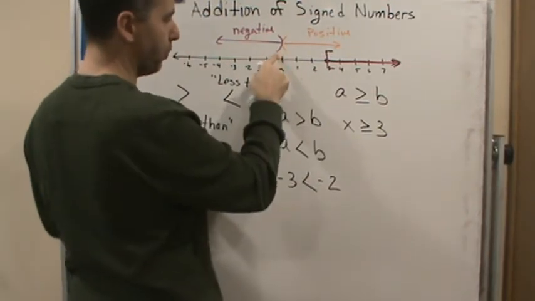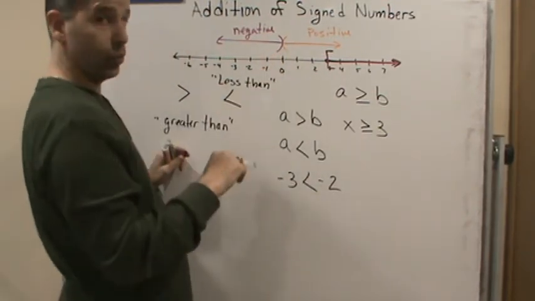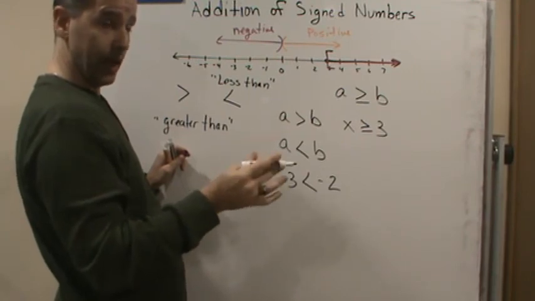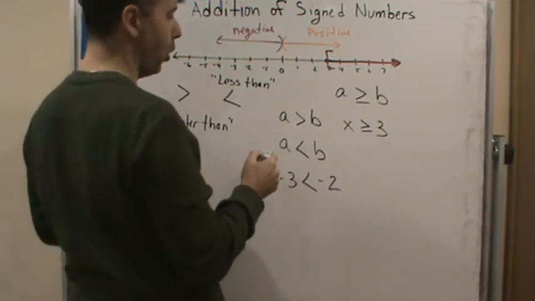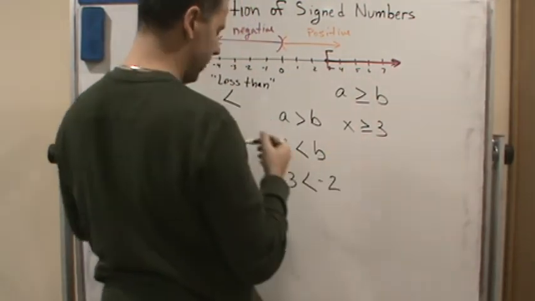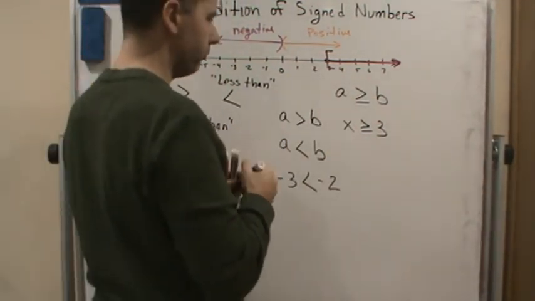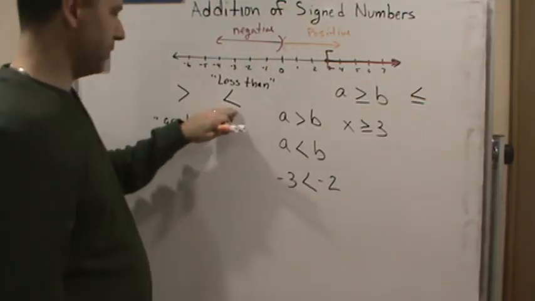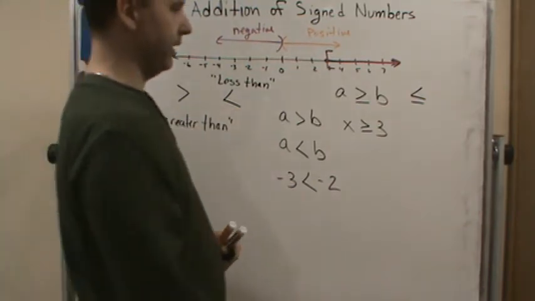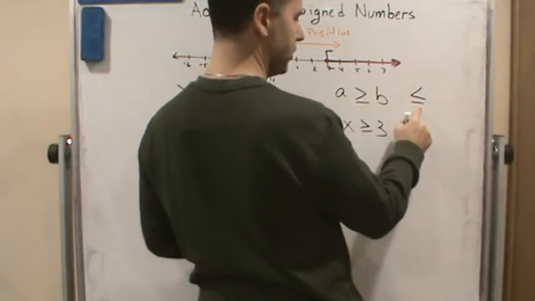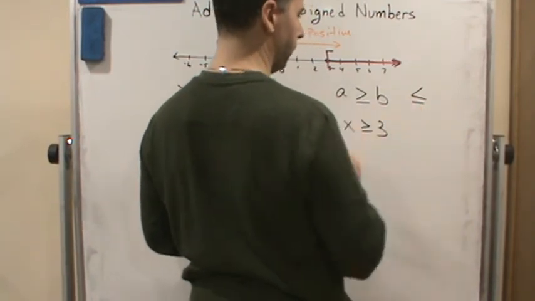Where we use parentheses, the parenthesis does not include the endpoint. So this would represent this inequality. Now, we could also have less than or equal to, which is similar to less than, but it includes equal. So this is greater than or equal to, and this means less than or equal to.